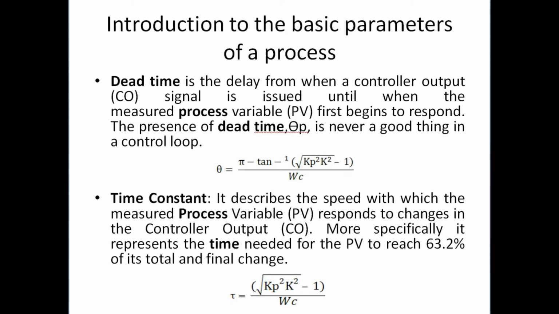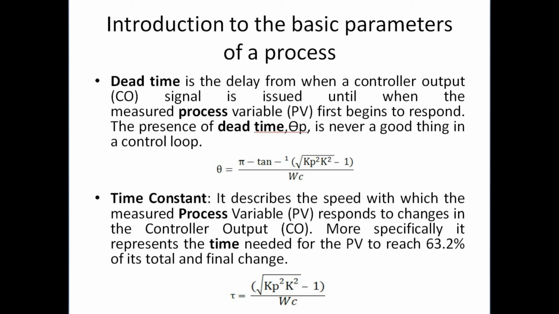Let's see first. Dead time is the delay from when a controller output, that means CO is the abbreviation of controller output, signal is issued. Whenever you are issuing an output signal from the controller to the process, until the measured process variable, that means PV is the abbreviation of process variable, first begins to respond.